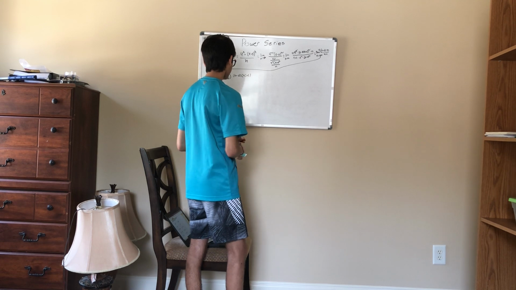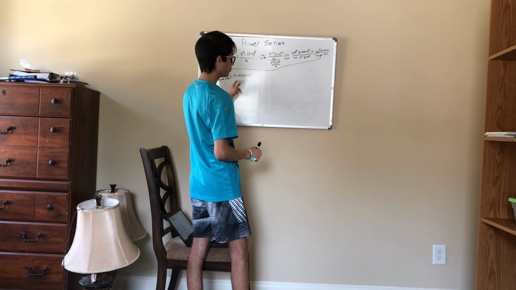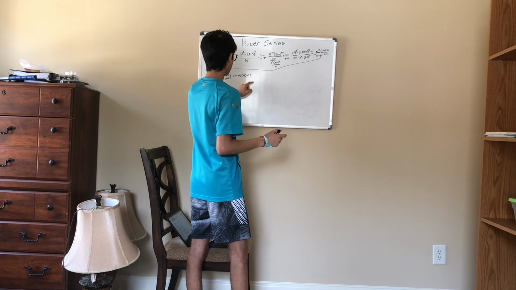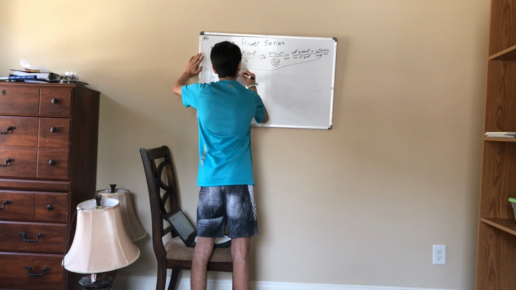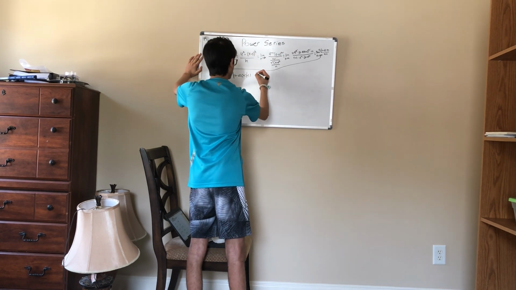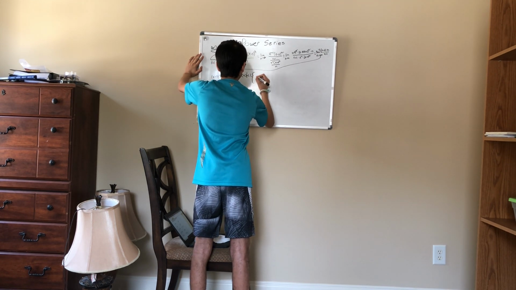So now, let's find our r value, right? Since you can't factor anything out of here and it's already in the x minus a form, you just need to divide it by 4. This is the absolute value, again. So now, wait, no, first let's rewrite this.